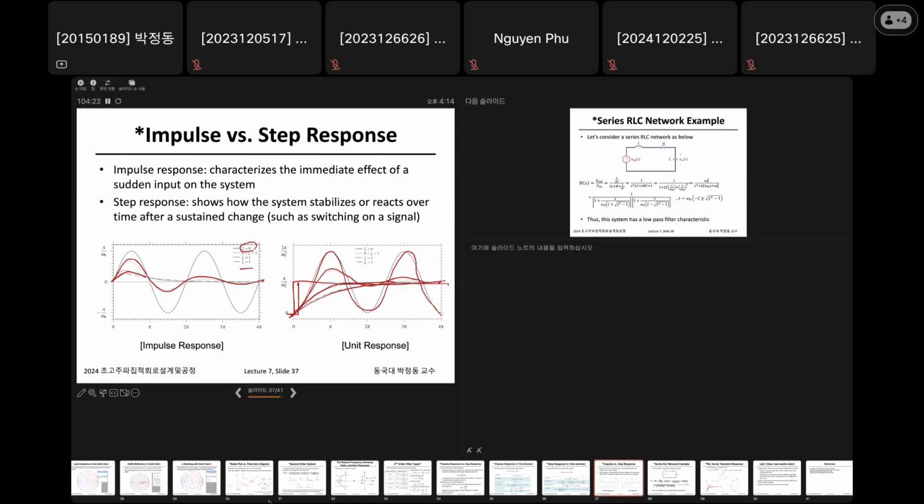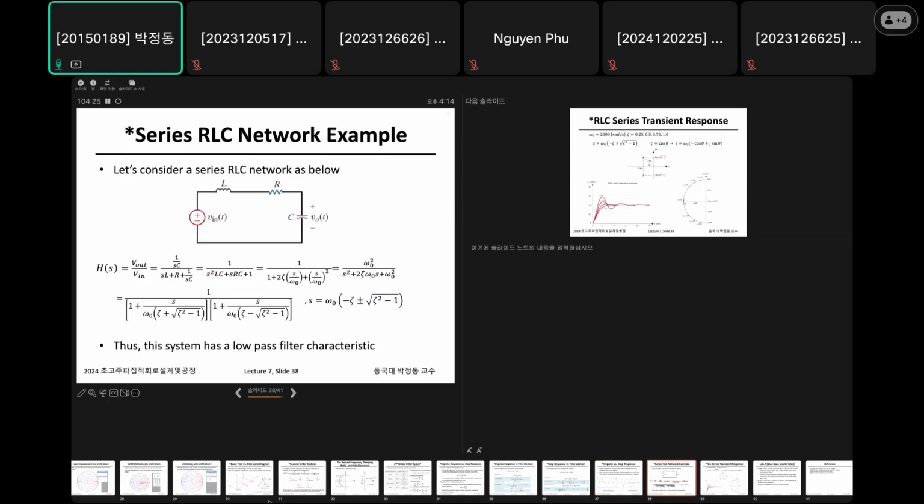Okay. So this is a typical RLC series network. So LRC, right? So just a very simple calculus. Okay. So as a result, this is exactly the same shape for the low pass filter, right? Omega 0 square. For your information, high pass filter, you have the same denominator but numerator S square.